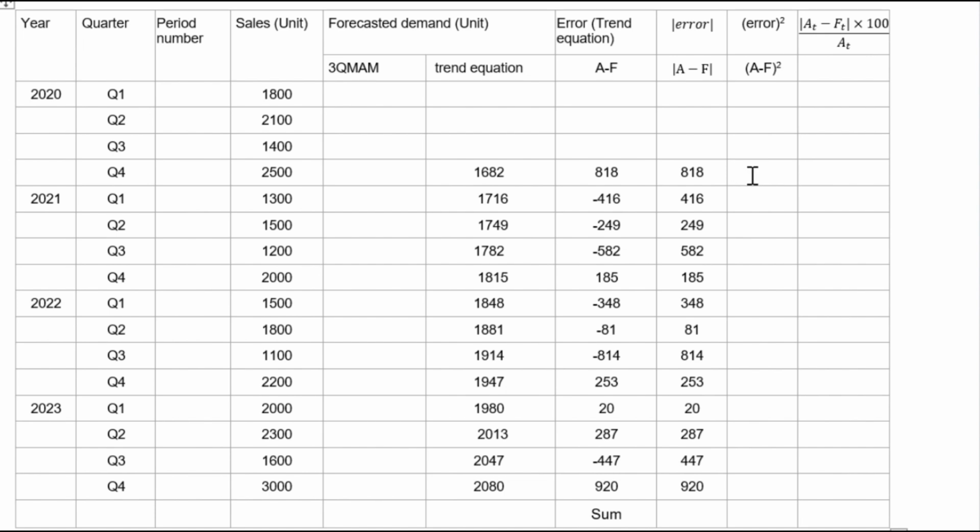So for this period, 818 square equals 669,124. For the next period, negative 416 to the power 2 equals 173,056. For the next period, negative 249 to the power 2 equals 62,001. Again, continue till the last period, calculating the square value of the error.